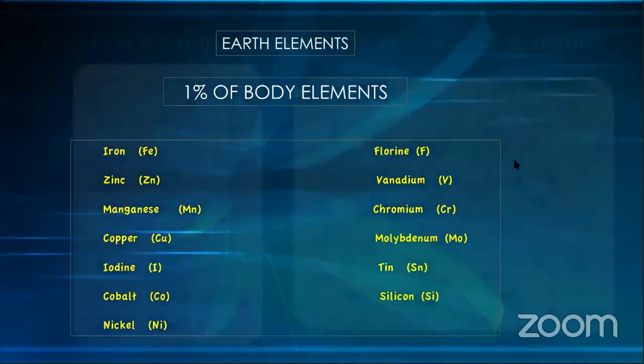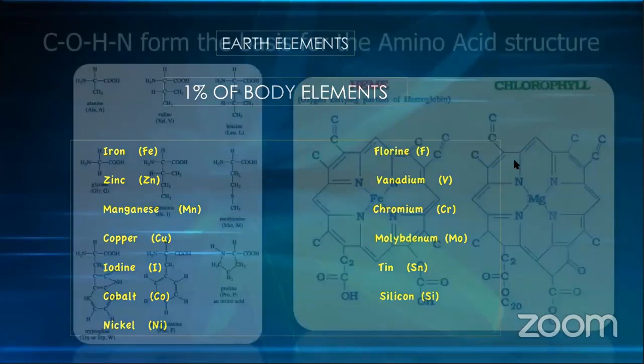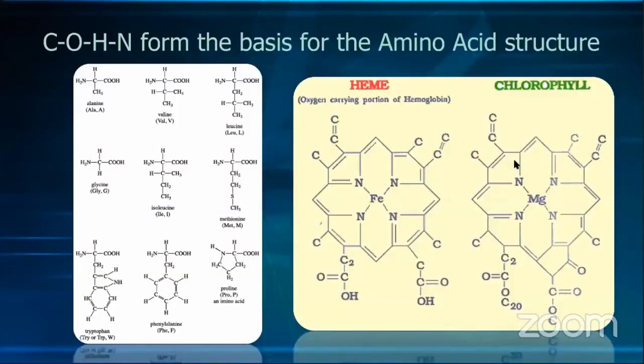That is important. So if you see any chemical formula, you will see the carbon, the hydrogen, the nitrogen, everything. This is the chemical formula of every amino acid in the body. On the right side, we add those elements that come from the interaction of the sun and earth to the body.